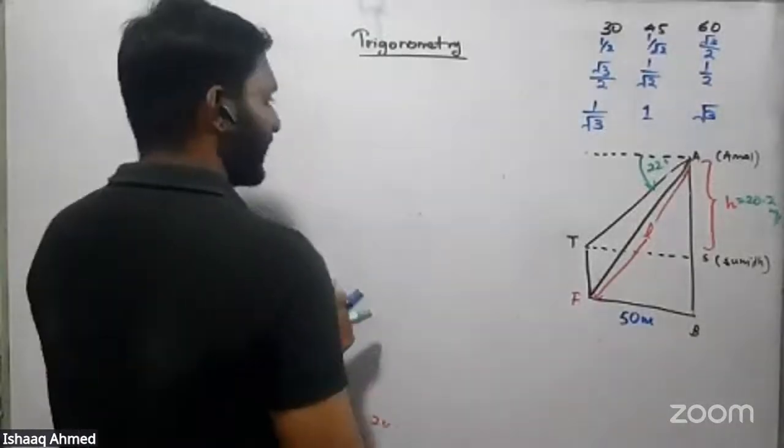So we have to select another triangle where L is a side, where this side is L, this is 90.